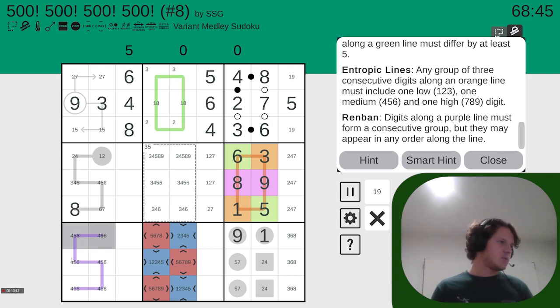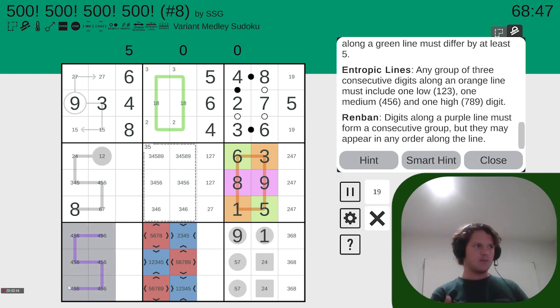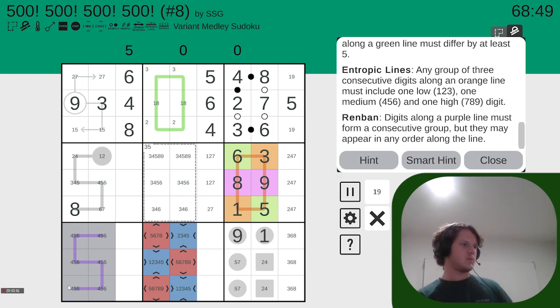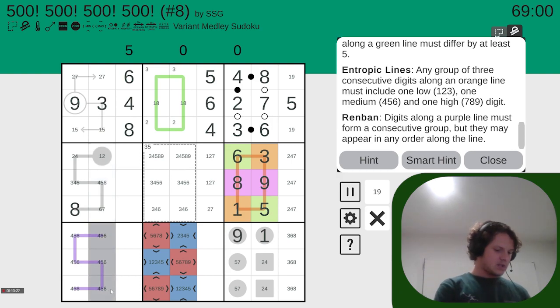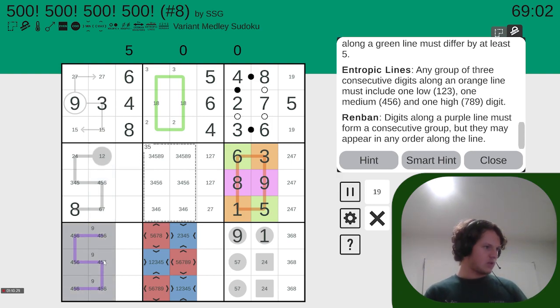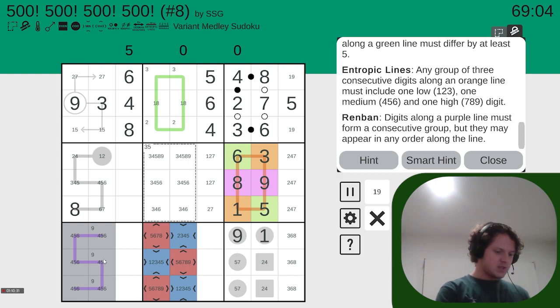Okay. This one, we remember, was consecutive digits, in any order. This row needs a 9 in it, and it can't go in the top box, it can't go in the middle box, so it has to go right here, which means these are our digits for the set: 4, 5, 6, 7, 8, 9.